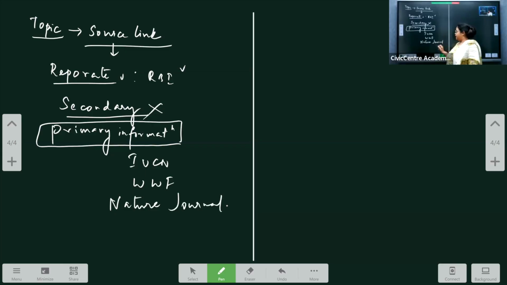Whenever they're stating the fact, they will write it in the same statement as seen from the findings of the Nature journal or Nature and Science journal, right? So you know that this is the primary source from where they're picking up their information, and they are interpreting and writing their views. So we do not want to write what is their view.